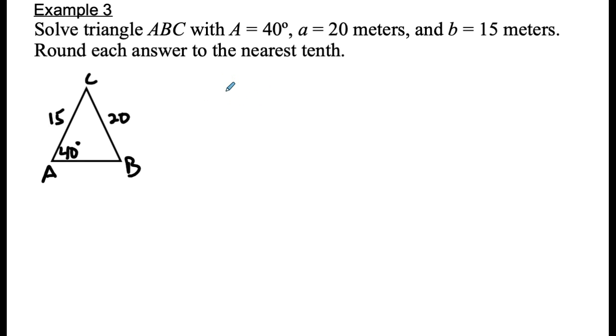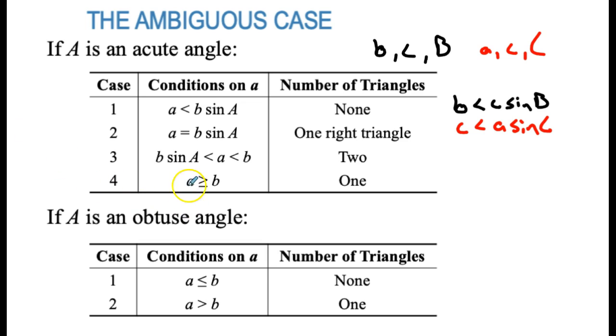So right off the bat, I actually notice that side A is larger than side B, okay? If I notice that, I don't even have to calculate anything, right? If we, again, go back to our chart, if the side opposite the given angle is greater than the other side, we know we're going to have one triangle, right?